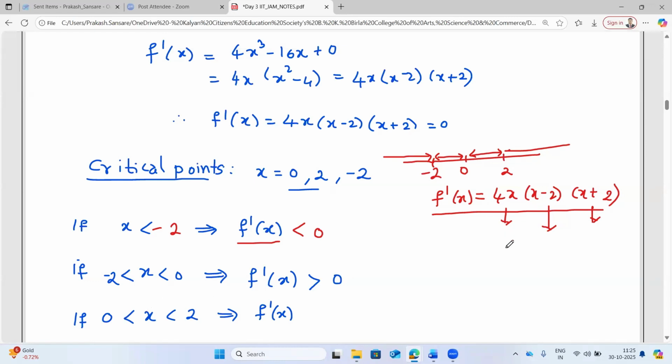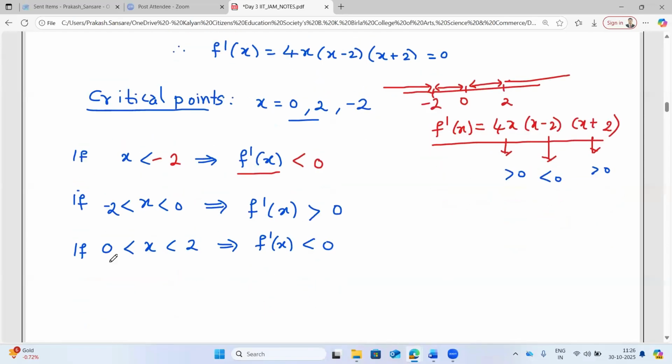Here x is positive, so this is greater than 0. X minus 2 will be less than 0, and x plus 2 is again greater than 0. So positive, negative, positive, so ultimately it will be negative. And the last one is if x is strictly greater than 2. Let's find out what f dash x is. It will be positive.